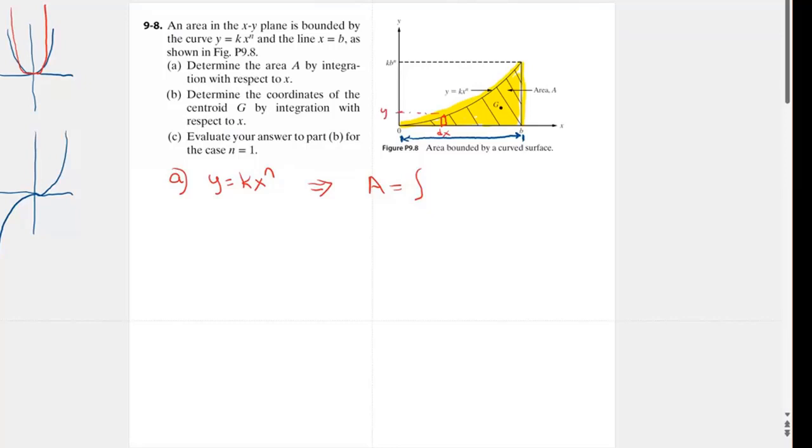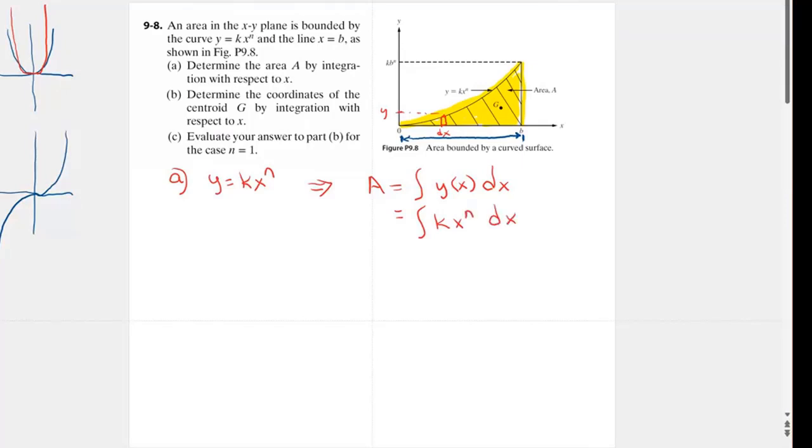To find the area, I need the height, which is y, times the width, which we're calling dx. And for this problem, it is k x to the n dx.